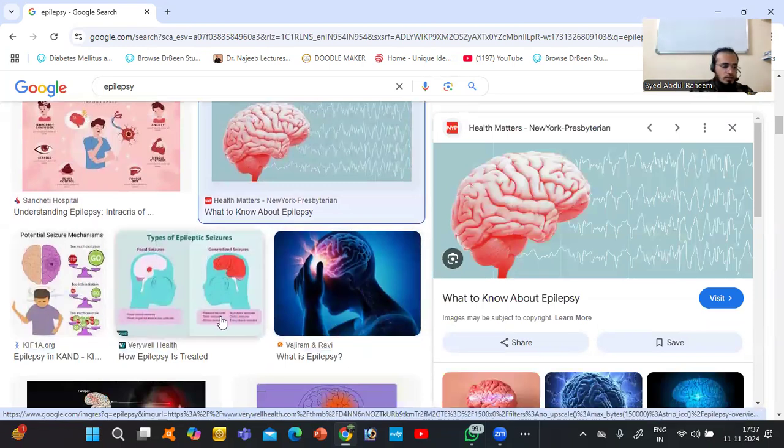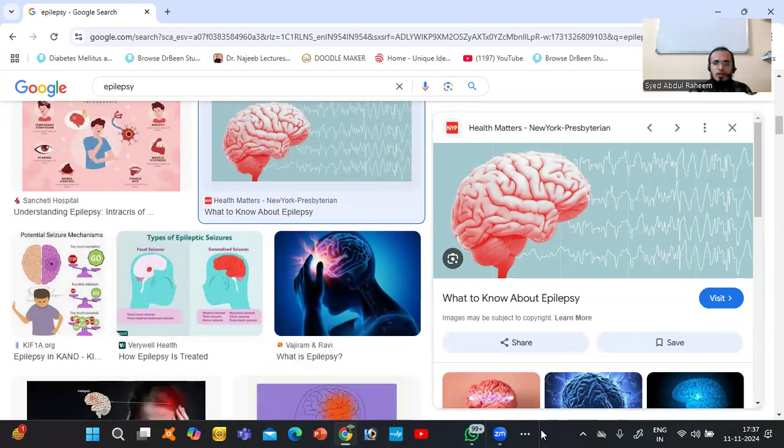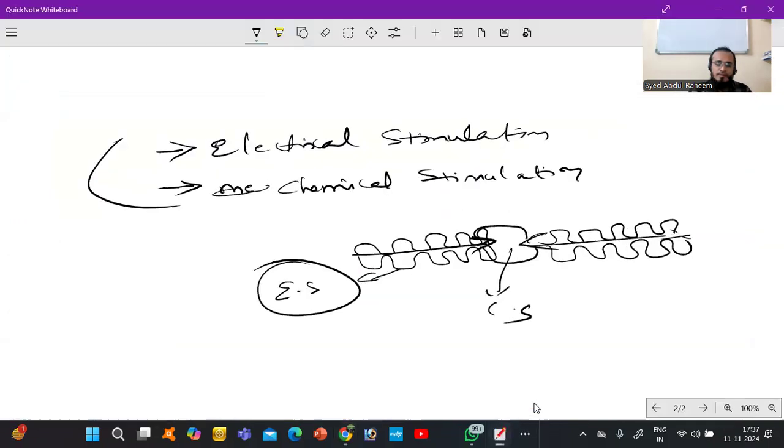So now, this is the thing we have to understand. What are the things we have to know about epilepsy? One is, when does epilepsy occur?